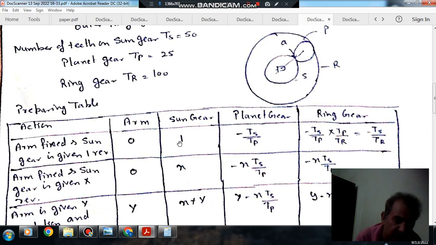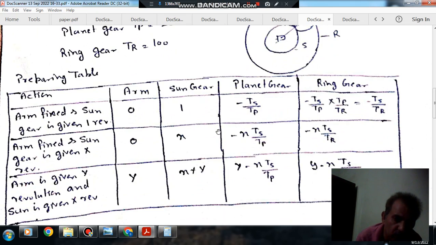When the arm is fixed and the sun gear is given 1 revolution, the revolutions of planet gear will be minus TS by TP, and revolutions of ring gear will be minus TS by TR. The minus sign is there for the planet gear because in external mesh the sign changes, and in internal mesh the sign doesn't change.